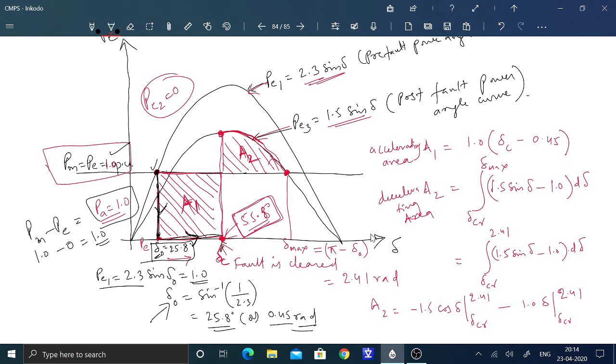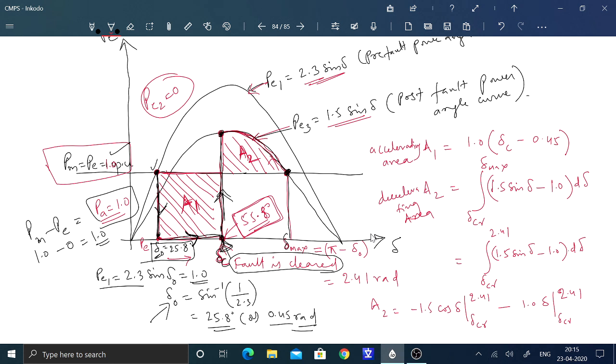and at some angle, let us say the critical clearing angle delta C, the fault is cleared by opening the faulted line with circuit breakers. Once the fault is cleared, the operating point will shift to the post fault power angle curve, to here, and since we are taking this as the critical clearing angle, this will swing to the maximum angle, that is delta max.